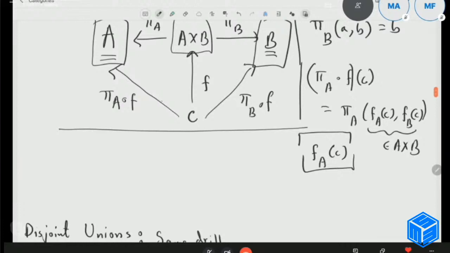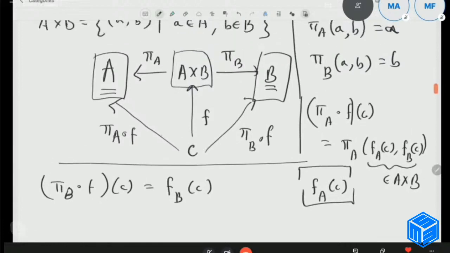And then pi of B composed with F of C gives FB of C. The interesting point is that this applies for any map going into A cross B from C.